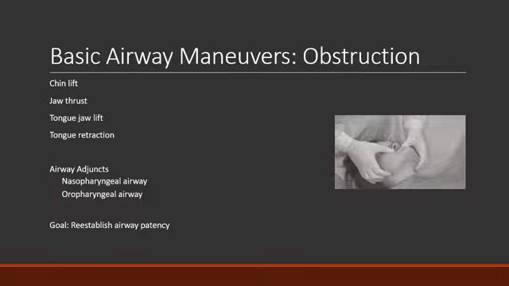Alternatively, we can consider placing one of the airway adjuncts. We'll look at the nasopharyngeal airway and the oropharyngeal airway as options in just a little bit. And remember, the goal is to reestablish airway patency and get the tongue moved forward, or anteriorly, away from the posterior aspect of the oral pharynx.